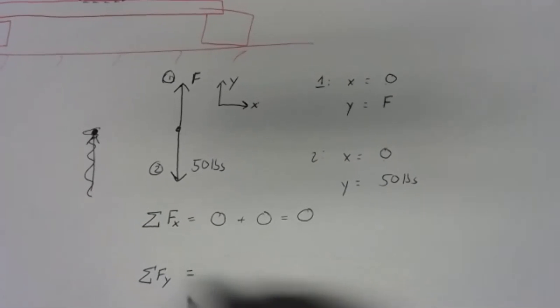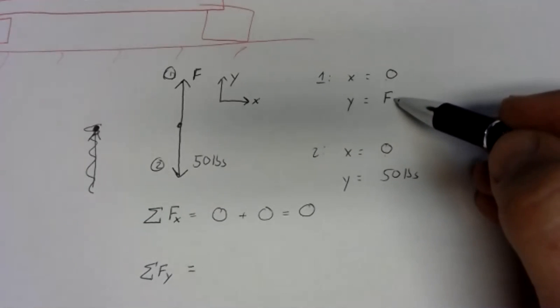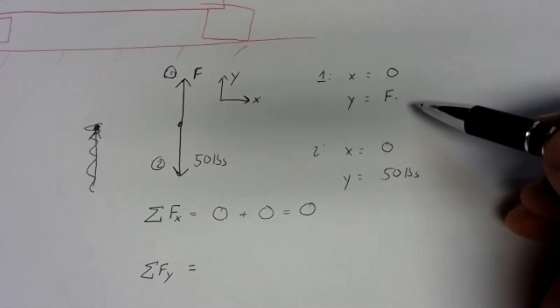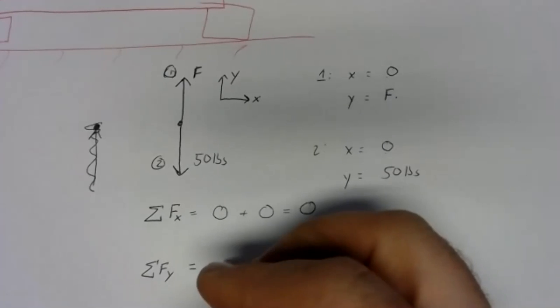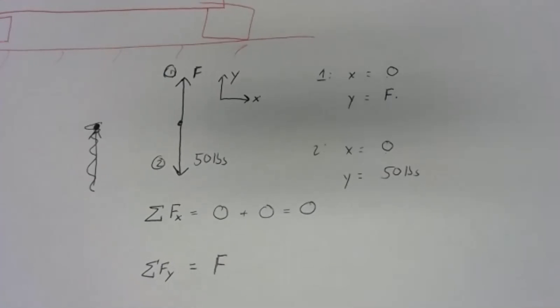In the y component, we get a little more interesting result. We've got f for our y component. It's unknown. If it had a number on it, we just write that number in, but we don't know how much force that is yet. So we're just going to label it as f. It's up, so it goes into the sum positive.